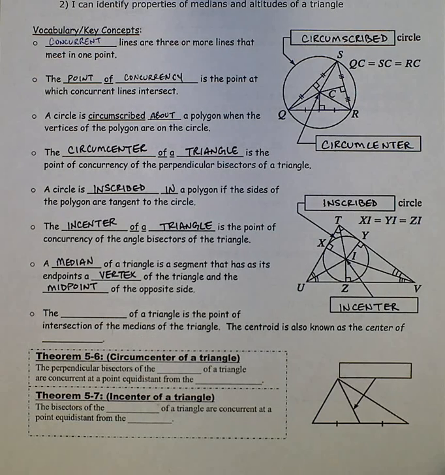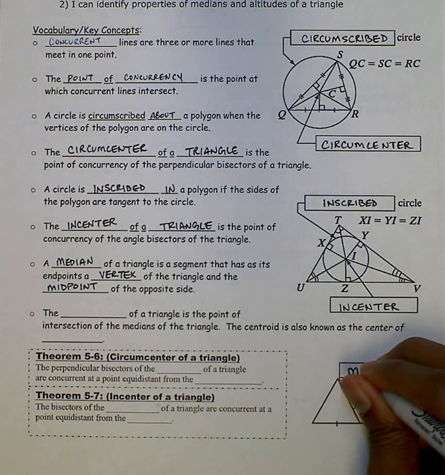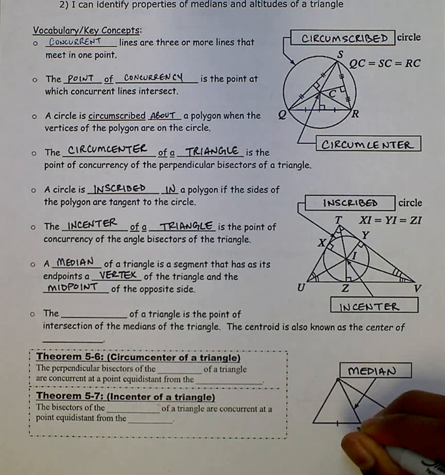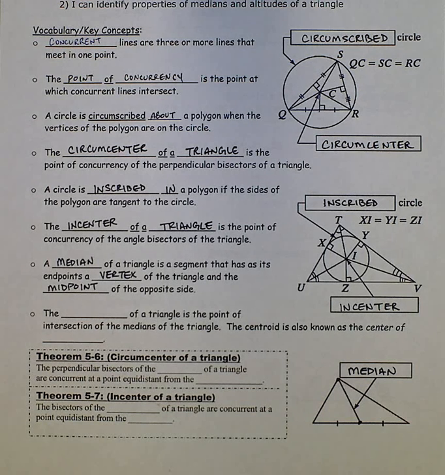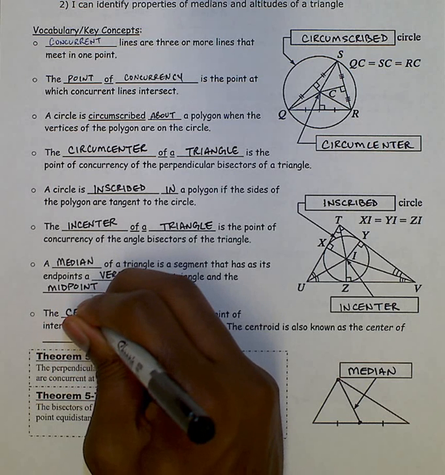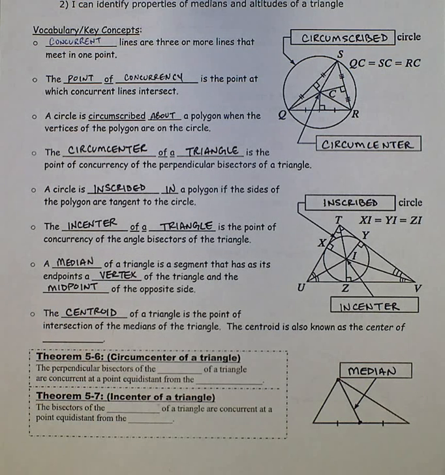So here, this is a median: one endpoint on the vertex, one endpoint on the opposite side. Okay, and we'll look at this on the back, but the centroid is made up of the medians, and the centroid is also known as the center of gravity.